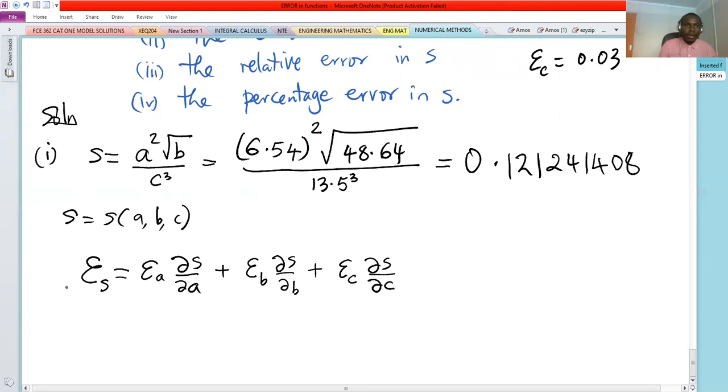So let's get now those derivatives. I remember these values, error in A, error in B, error in C have already been provided, so there's no problem there.